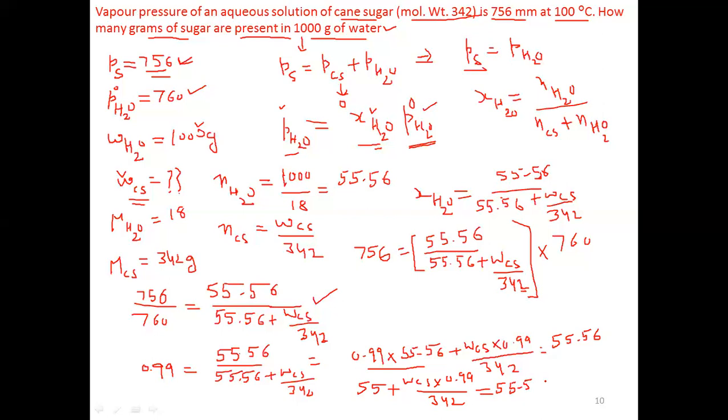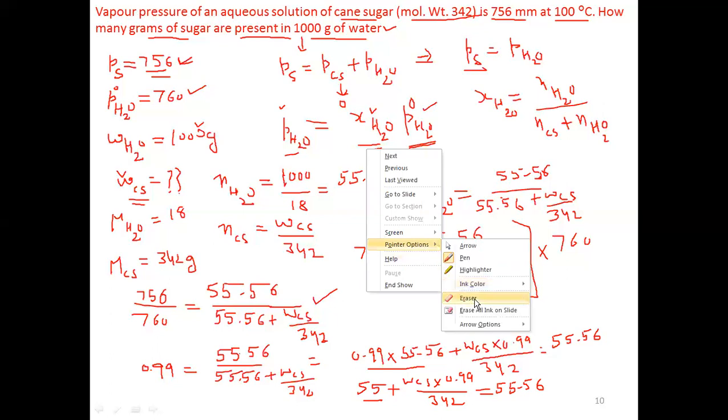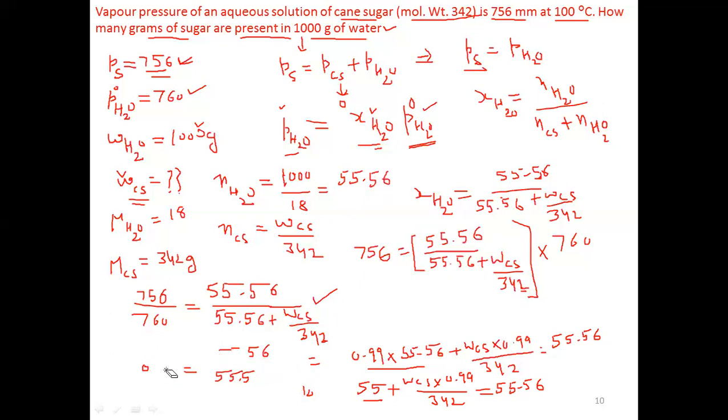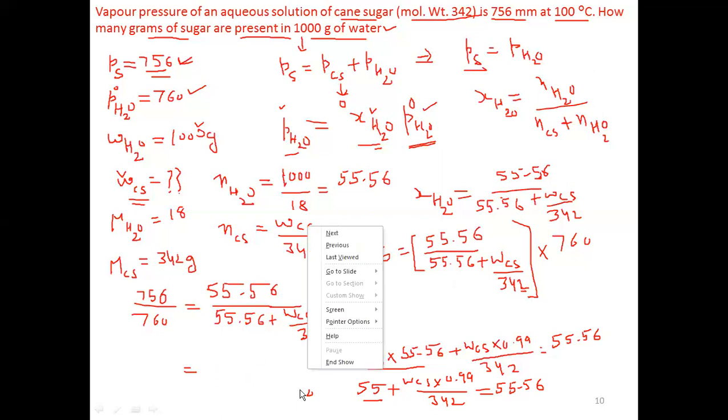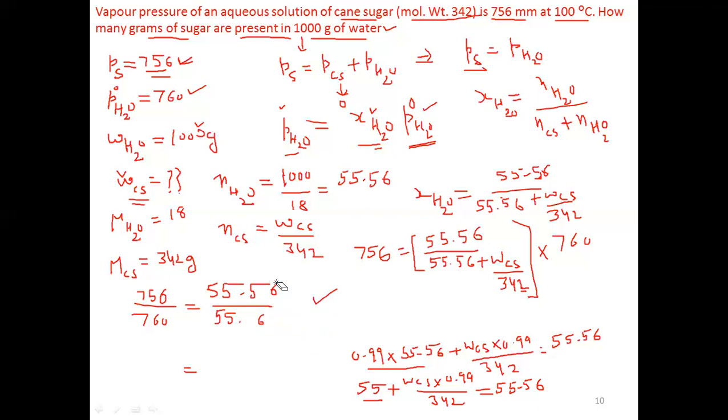Now what can we do? We can take this to the right hand side. So now I need to erase some portions. We can erase this, we don't require this. Now we have sufficient space.